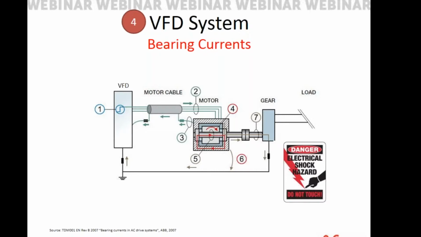Now, if you're to use a non-VFD cable, such as a tech cable, even though it has aluminum interlock armor, it's not a very good high frequency bond path. So what's going to happen in that case is you're going to get these high frequency currents circulating throughout the motor.